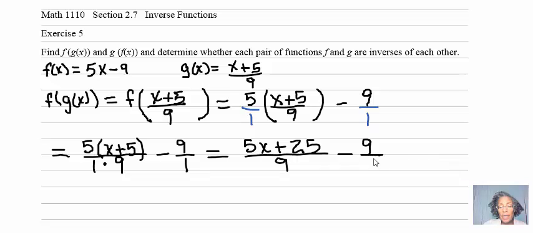And from that we subtract 9 over 1. Now in order for us to subtract, the denominators have to be common. So this denominator of 1 can be multiplied by 9 in order for us to obtain this denominator of 9. We also have to multiply the numerator by 9.